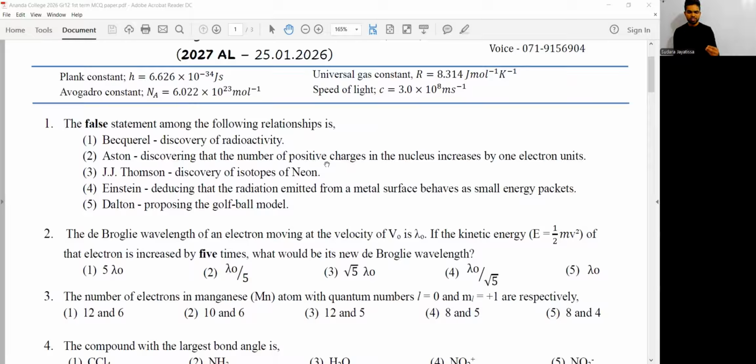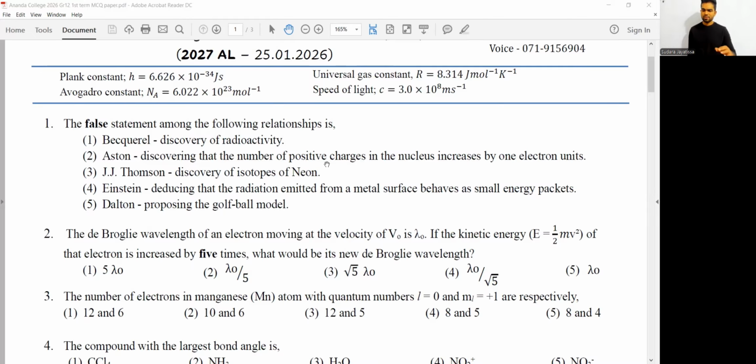So the J.J. Thomson answer, the third one, is correct. And not only J.J. Thomson, Aston was also a part of that discovery. Understood? You have to write the name of their invention. It is the mass spectrometer. Okay, right. Then in front of Aston, something is mentioned.